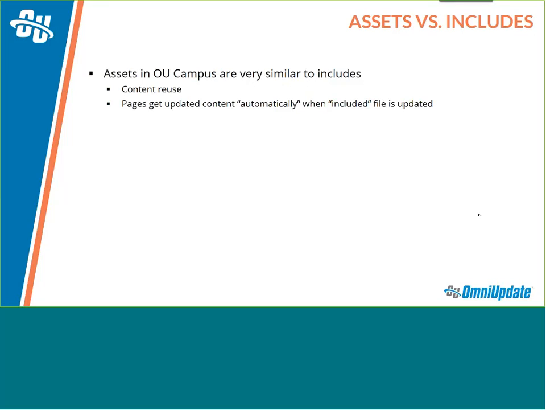So, you modify an asset, you publish out the asset, the pages that have that asset placed on them are going to get your new data. Same thing with an include file. You update the include file and you publish it, all of a sudden all the pages that are grabbing that include data are going to have that new data. So they're very similar in that regard.